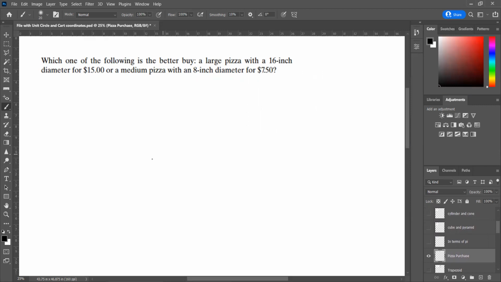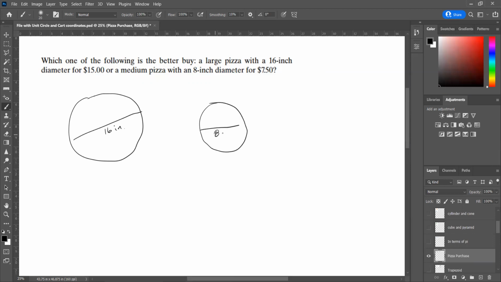I like pizza. Which one of the following is a better buy? A large pizza with a 16-inch diameter for $15, or a medium pizza with an 8-inch diameter for $7.50. So maybe we find the price per square inch. The area here is pi r squared. Now the radius is half the diameter, so that would be 8 inches.